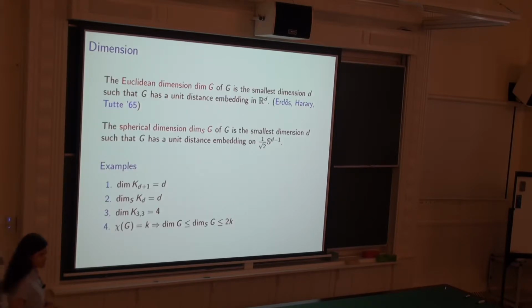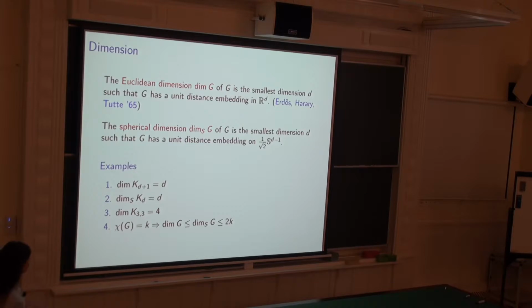And we want to know for certain graphs which is the lowest dimension in which we can embed it as a unit distance graph. And this is the Euclidean dimension of G. Also, if we can do it on the sphere in R^d, then G has spherical dimension d.